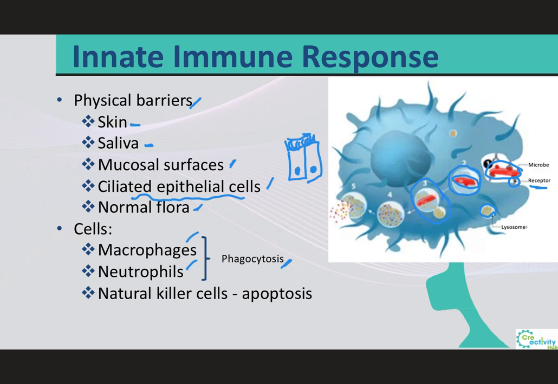And these lysosomes are membrane-enclosed organelles that contain enzymes which are going to be capable of breaking down all different types of microbes. Therefore, the enzymes that are present now in the phagolysosome will be able to digest the microbe. In other words, they will be able to destroy that microbe.